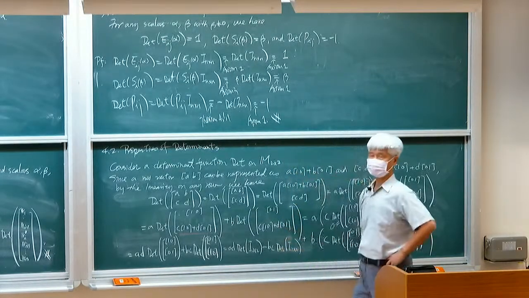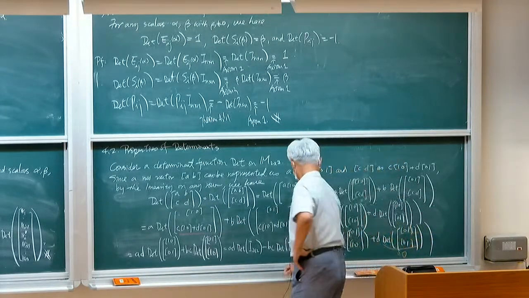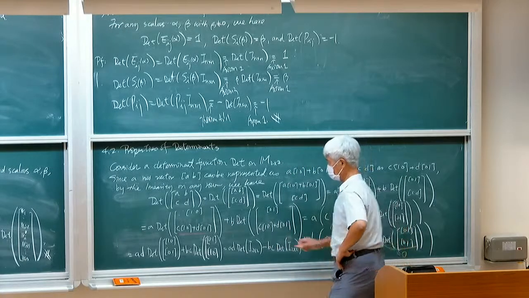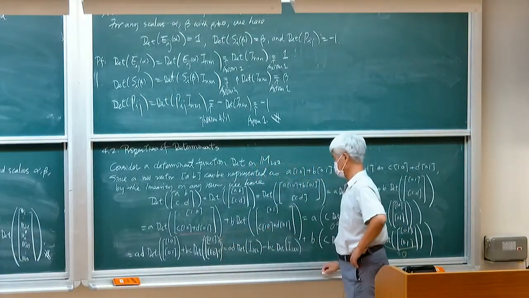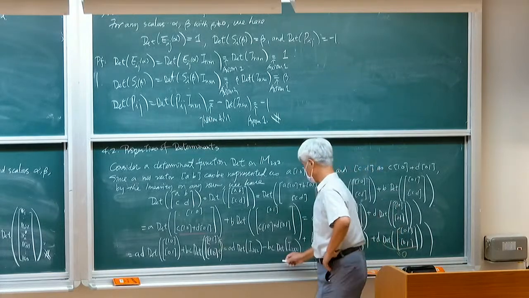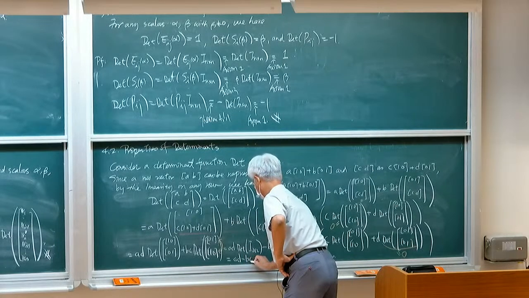Okay? So you exchange these 2 rows together, and finally, the result is AD minus BC.